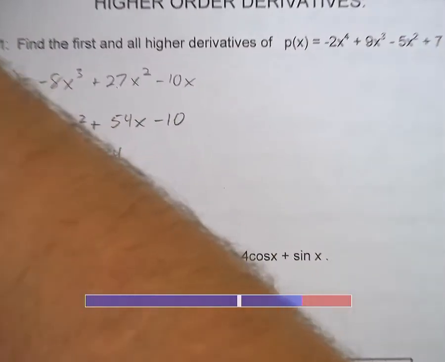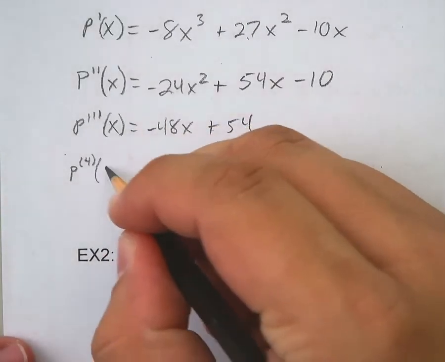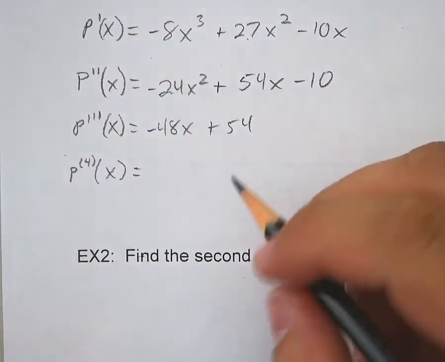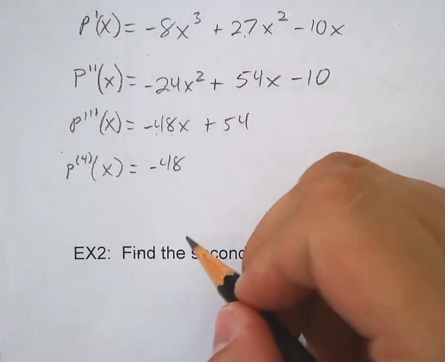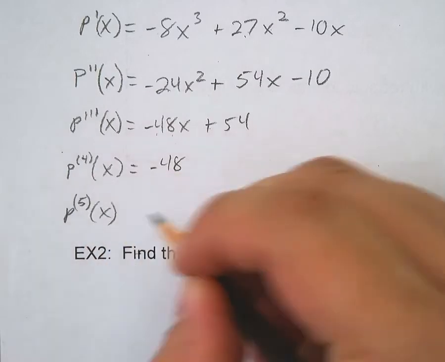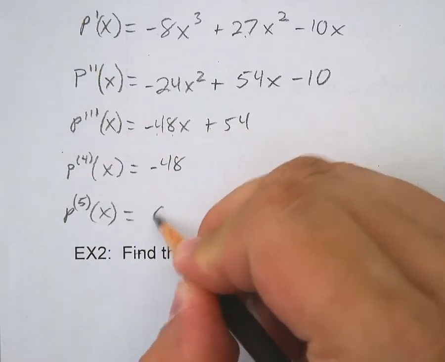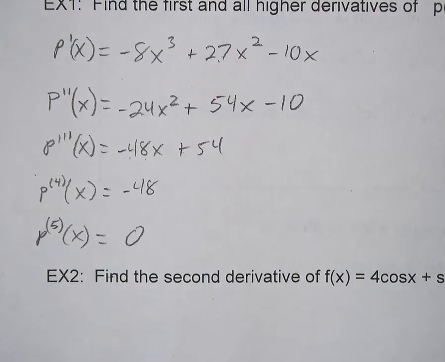Let me zoom in there so you can see what that looks like. p4 of x means the fourth derivative, which is negative 48. And then p to the 5 of x is 0.